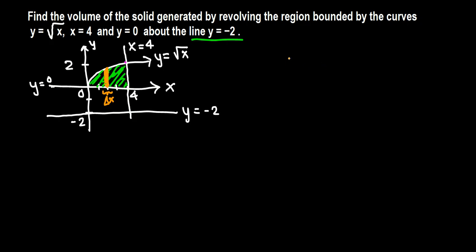That suggests the volume formula we will be using later is in terms of x, dx. And this slice could be taken anywhere from 0 through 4, and we'll find the area of that washer or disc.